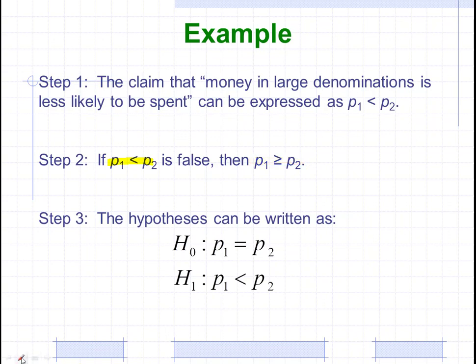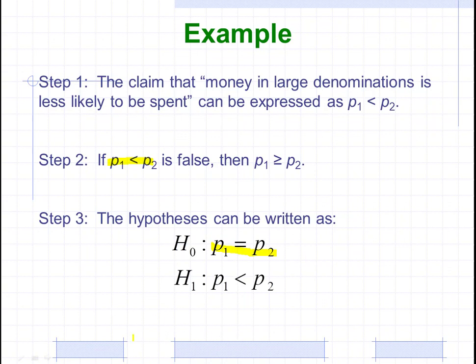We know that our null hypothesis is always an equal statement. So in other words, our null hypothesis states that the proportion of money to be spent in the large denomination group is the same as in the small denomination group. And sometimes when you're writing your hypotheses, it's nice to put them in sentences because it makes them more understandable, more tangible.